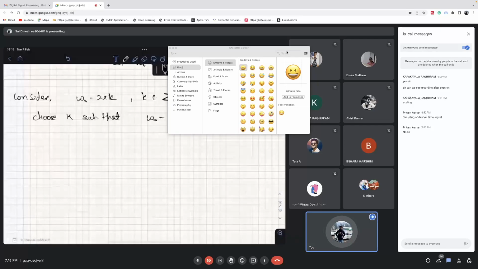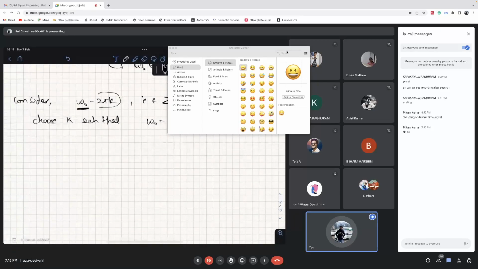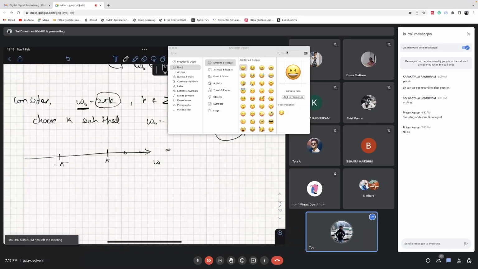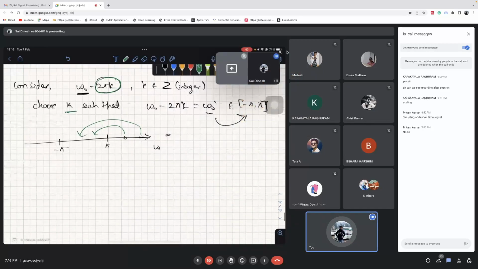So whatever might be the omega naught, we can bring that omega naught by adding or subtracting a value 2 pi k for any value of k, such that the final omega naught dash will become minus pi to pi. So wherever the frequency might be, we can bring it back inside by adding or subtracting 2 pi k, correct? So we need to choose one such k.